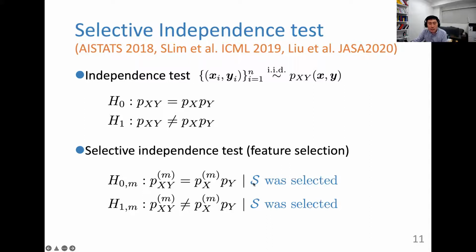For example, we select M features, then we check whether the M features are independent of the output or not. This is the selective independence test. The only difference from the classical independence test is that we select something first, then we do the testing.